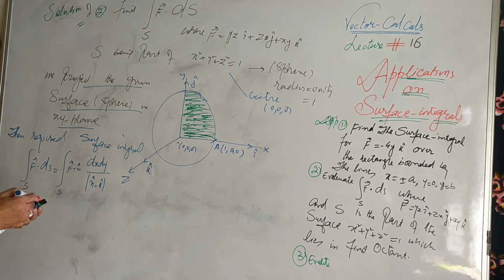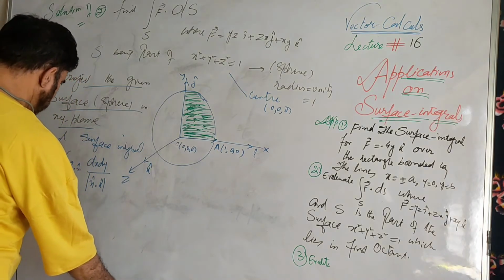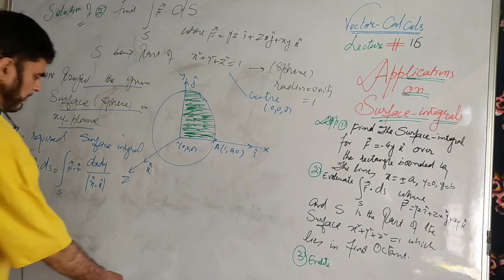Okay. Now just look how we find this f dot n and n dot k.